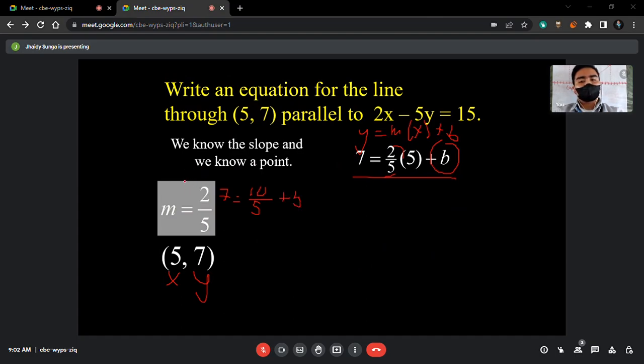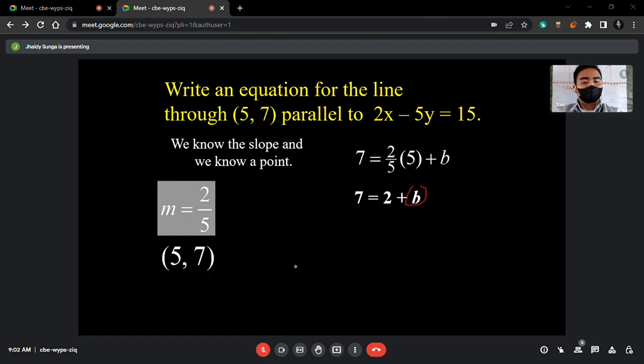If we divide 10 by 5, the answer is 2. What we only need is b, so we transfer this 2 to the other side. The positive 2 becomes a negative 2. If we subtract 2 from 7, you will have an answer of 5.